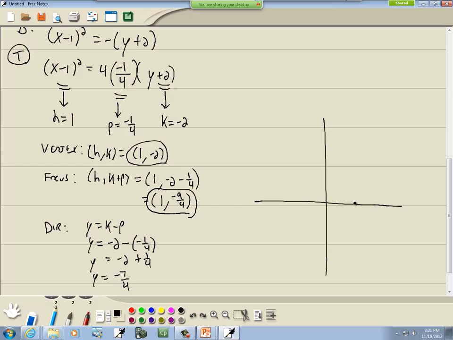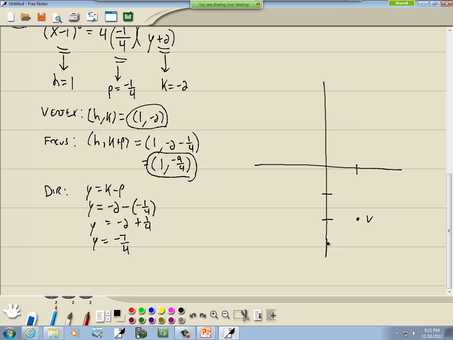Okay, 1, negative 2. So 1, negative 2, it's right there. That's my vertex. Focus is 1 and negative 2 1/4.